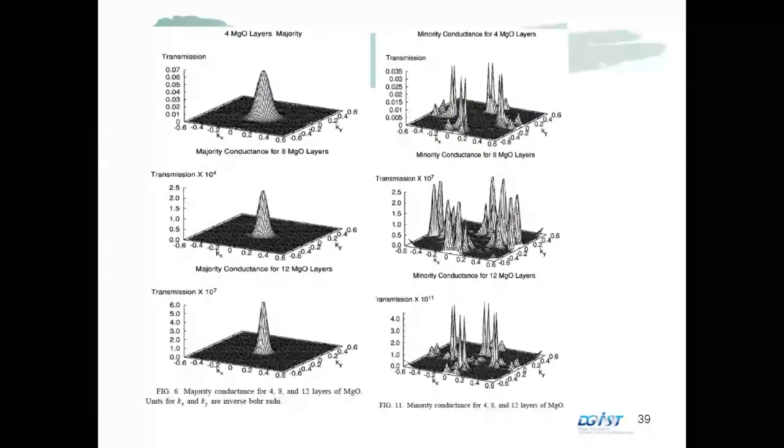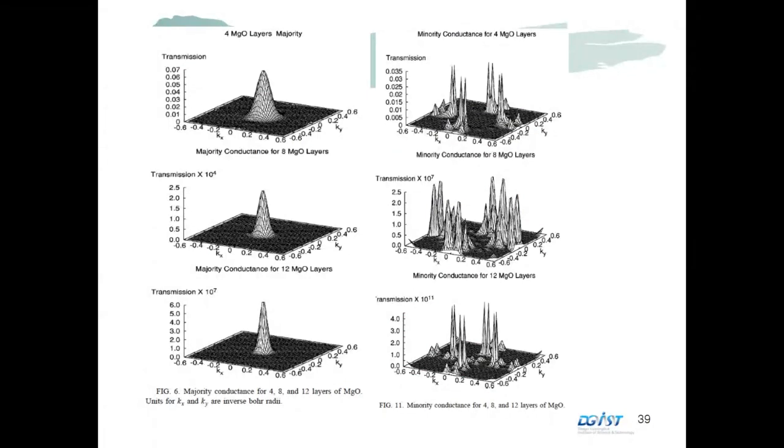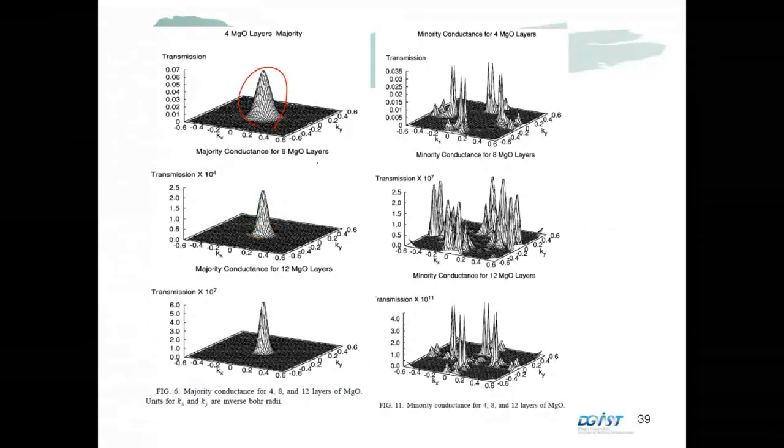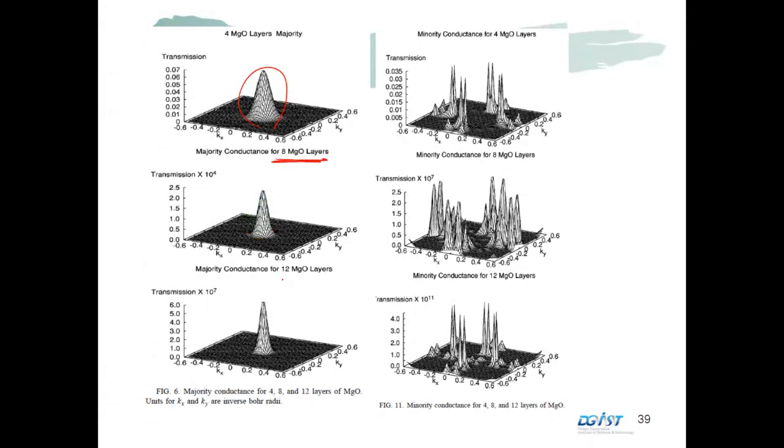So this is the example. Actually, this calculation, this peak, okay, let's focus on only one layer thickness. These are different layer thicknesses, so let's ignore this part. As you see, the majority band mainly came from this band center.